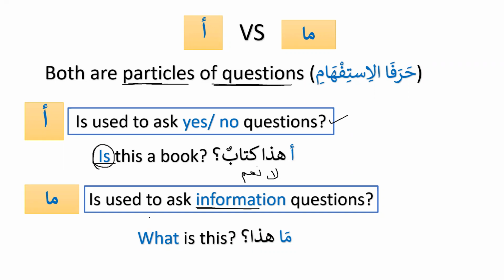You have to give a detailed answer, some information about that. So that is the basic difference between hamza and ma. Both of them are particles, please remember, and both are used to ask questions. Very important. Especially focus on ma, because there are many different types of ma, and inshallah when we proceed further we will learn about all the different types of ma. Okay, excellent.